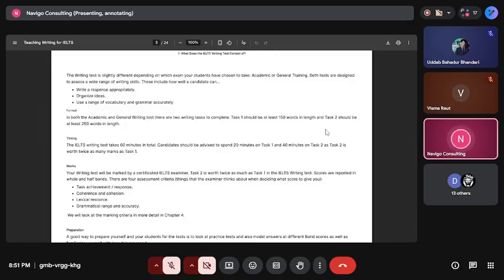Why is it ideal to write 150 to 180 words only, no more than that? And in the essay, why 250 to 300 words, no more than that? What do you think? Why do we not write more?